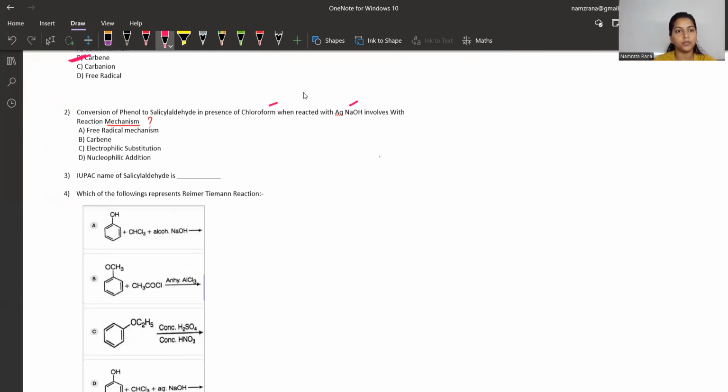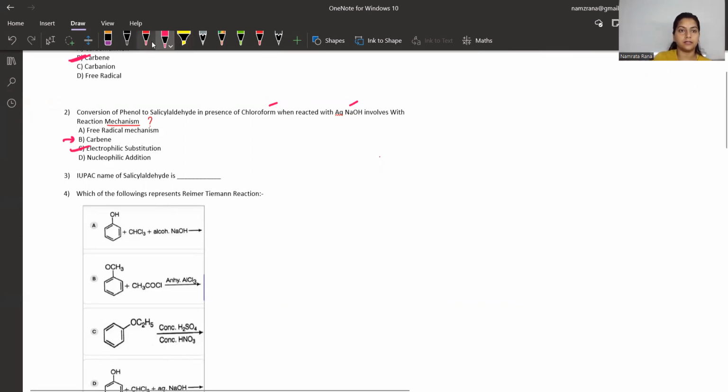Free radical mechanism, no. Carbene was an intermediate. It was not a type of mechanism. It is given to trick you, right? Carbene in Riemann Tiemann reaction is not a mechanism. It is an intermediate which is taking part in the mechanism. So the mechanism followed is electrophilic substitution, right?